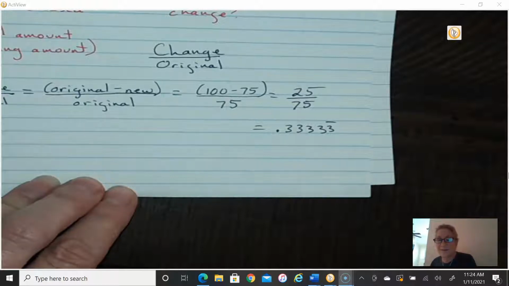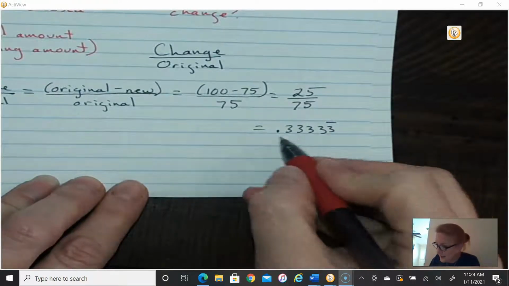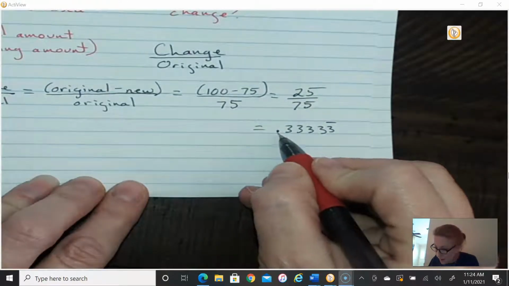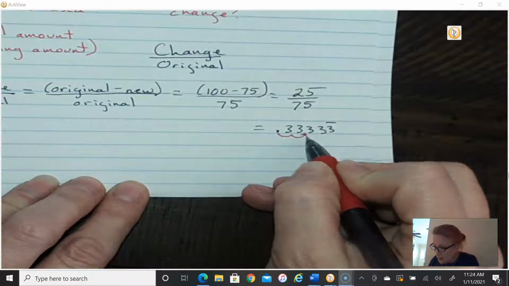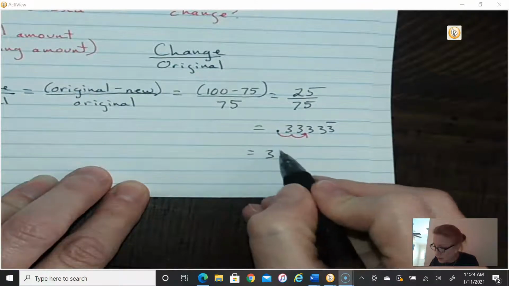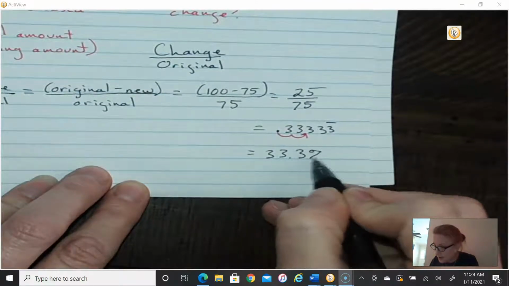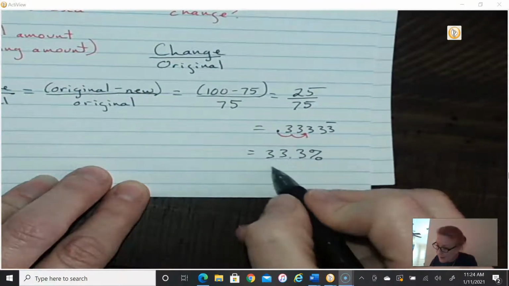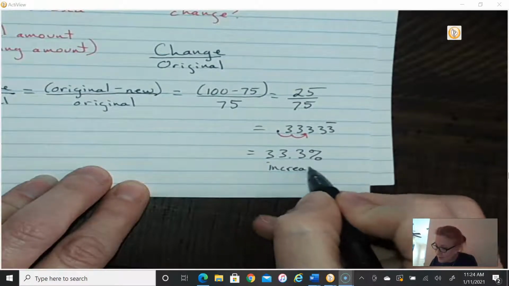How many places, and which direction? 1, 2 places that way. So your answer is 33.3%. And it's an increase, of course.